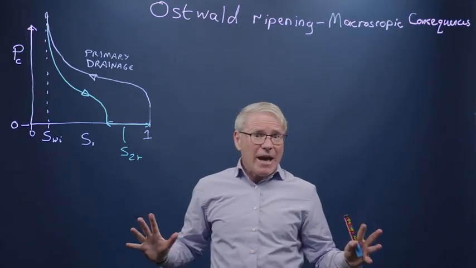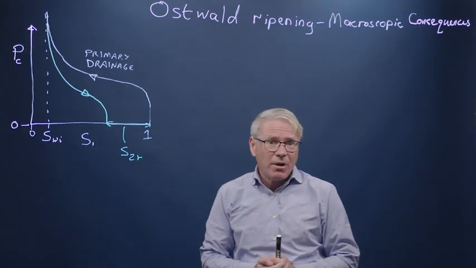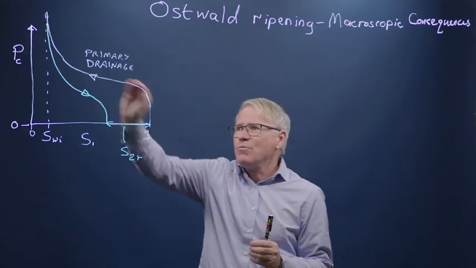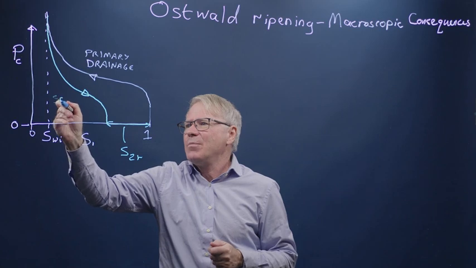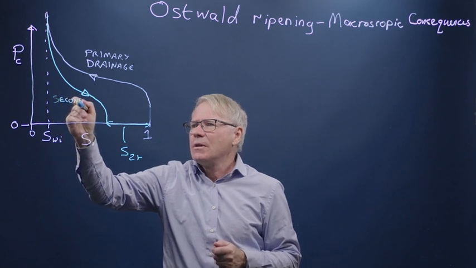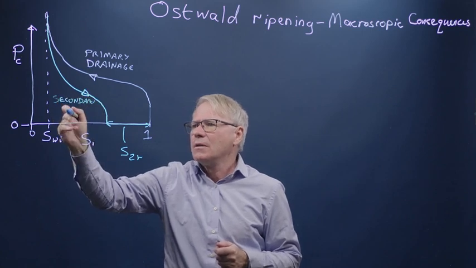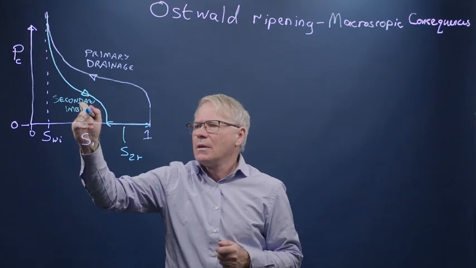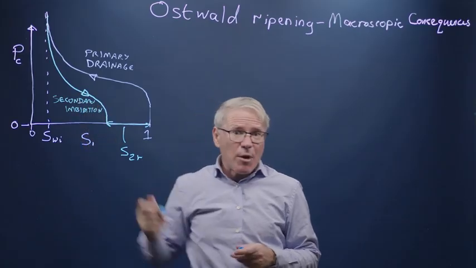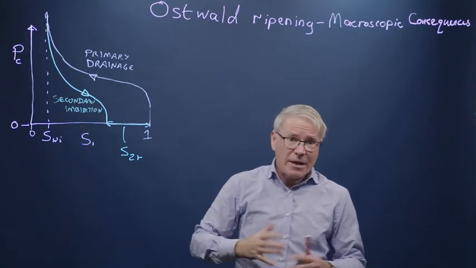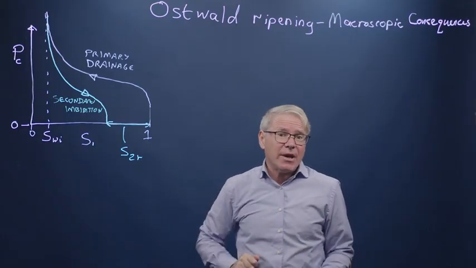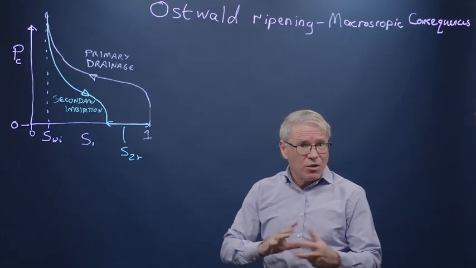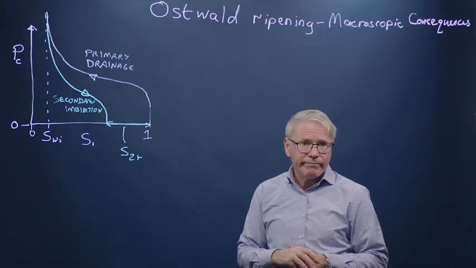And until now, that's essentially what people have done and used. You do primary drainage, you do a secondary imbibition experiment. And that's an experiment that may take a few weeks, it may take a few days, but essentially you have not allowed enough time for Ostwald ripening to reach true equilibrium.